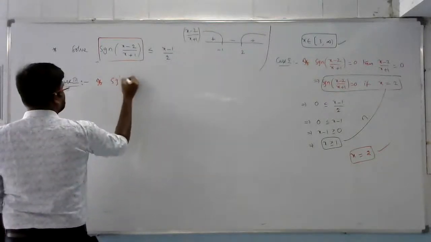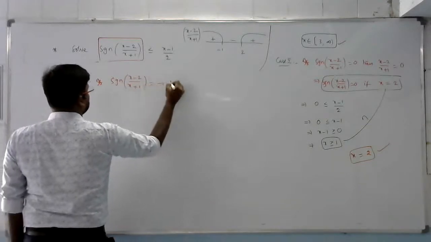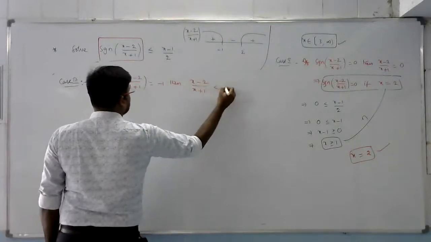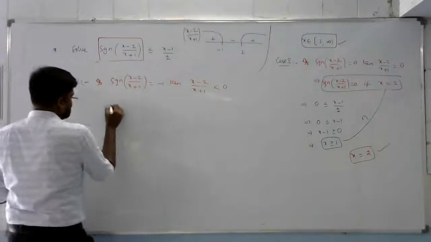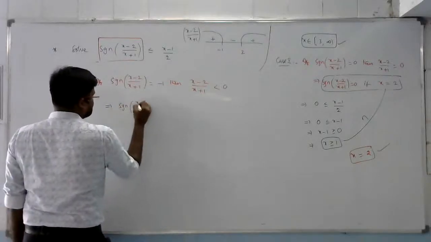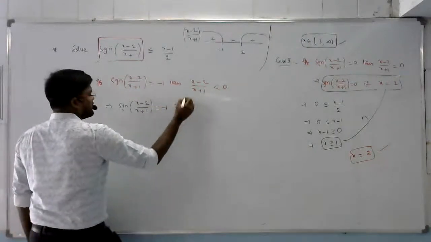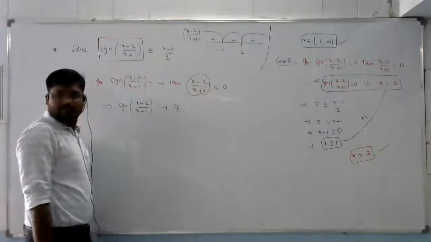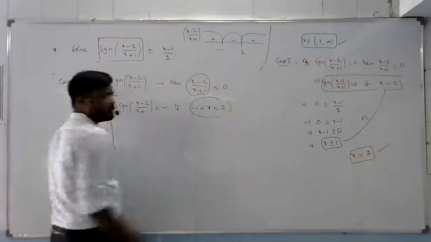If signum of (x minus 2)/(x plus 1) equals minus 1, then (x minus 2)/(x plus 1) will be less than 0. Isn't it? Definition. So signum of (x minus 2)/(x plus 1) equals minus 1 when this is negative, when it is lying between minus 1 to 2. So x is lying between minus 1 to 2.